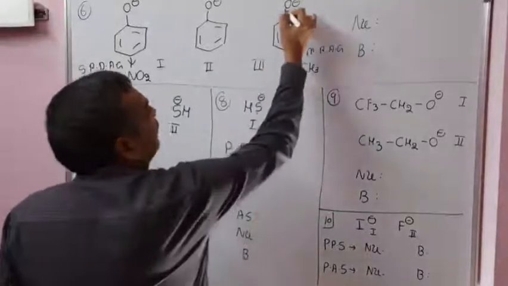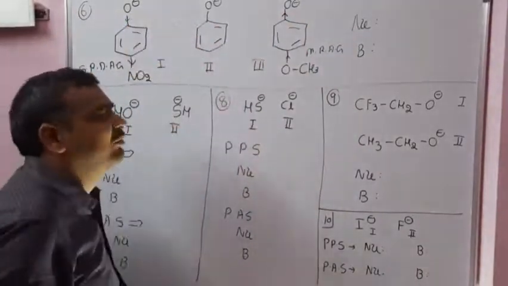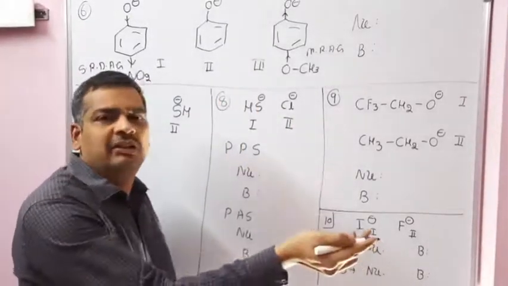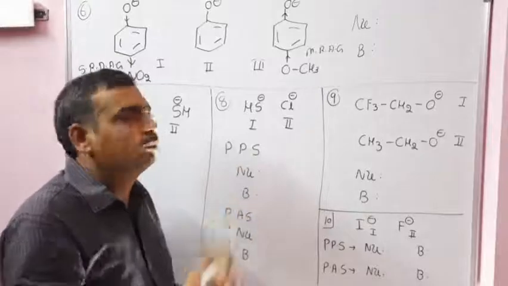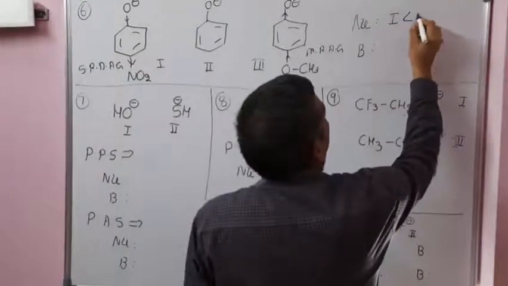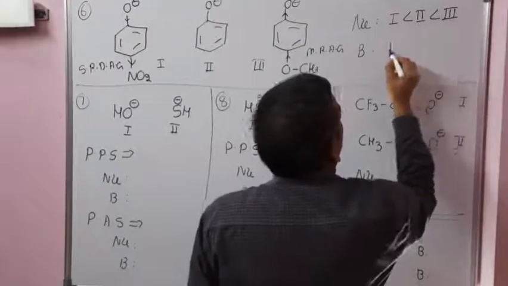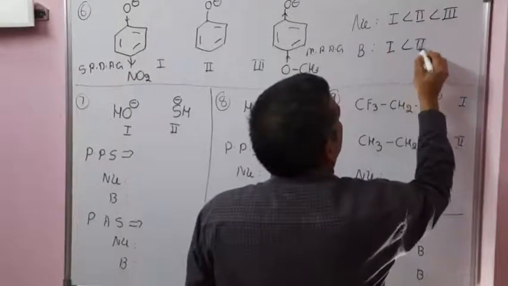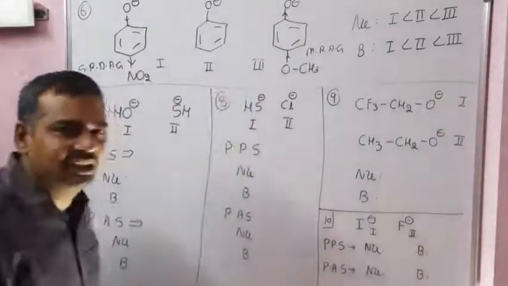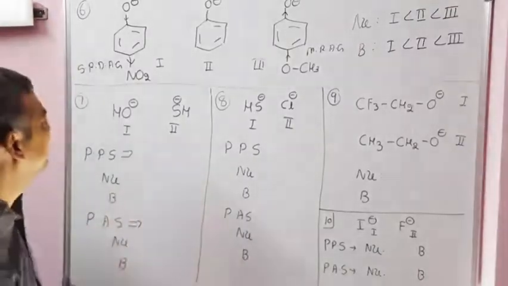As a result, electron density here increases and here decreases. The one which has more electron density will readily attack an electron deficient atom or abstract the proton. So 1 is less nucleophilic than 2, than 3. 3 is more nucleophilic, a strong nucleophile. The basicity order is also the same. The one having more electron density is more basic and more readily attacks an electron deficient atom.